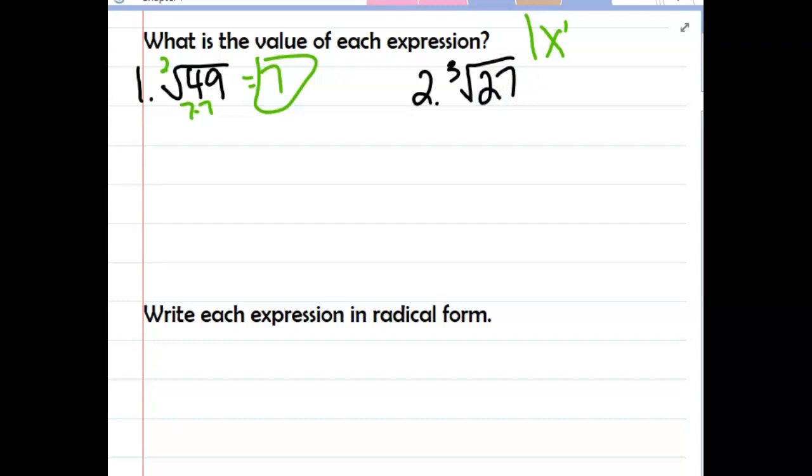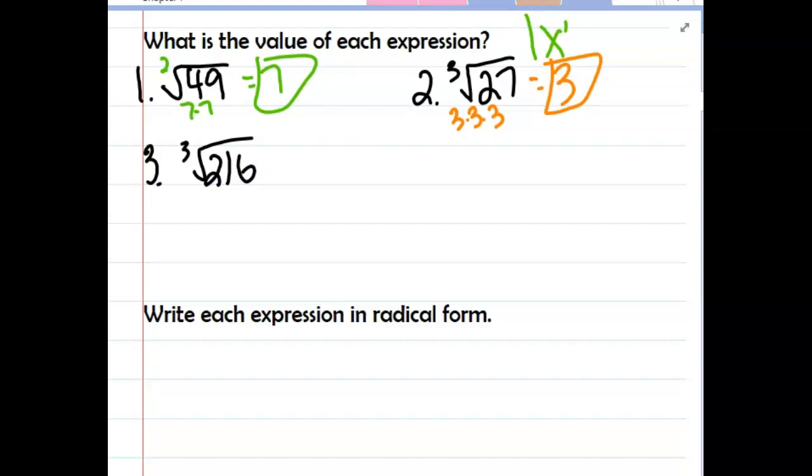Now if there is a number there, it means what number cubed, what number times itself, times what number, times what number gives me 27? I already did this one on the left-hand side, didn't we? 3, right? 3 times 3 times 3 gives you 27. So the cubed root of 27 is just 3. Okay, what about the cubed root of 216?